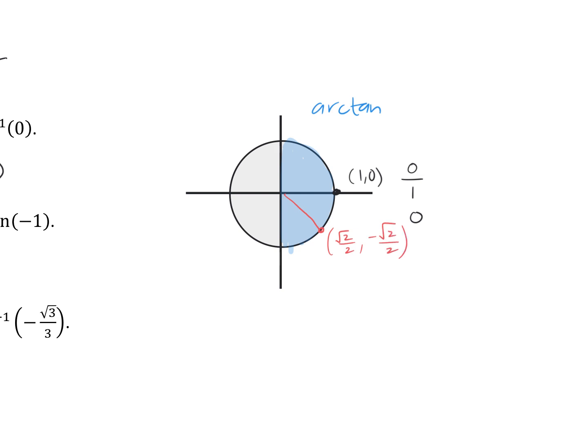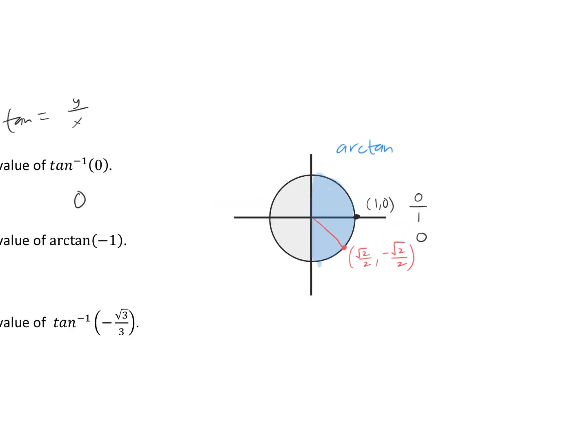If I take my y and divide by x, what do I get? -1. Now when I label this coordinate, that angle is not going to be 7 pi over 4 because that goes all the way around. It's negative pi over 4.